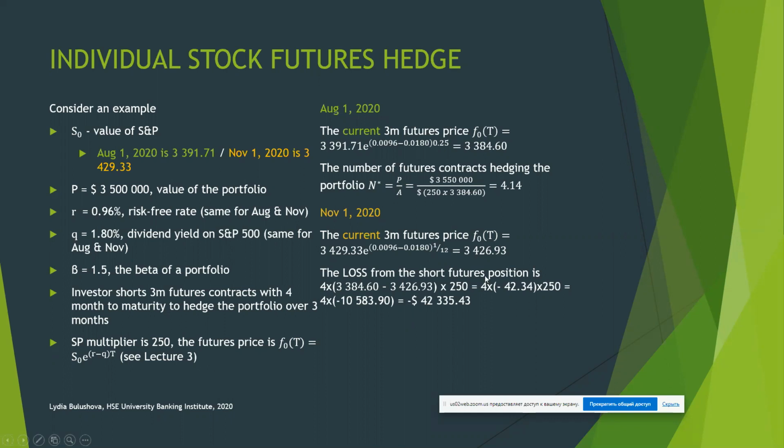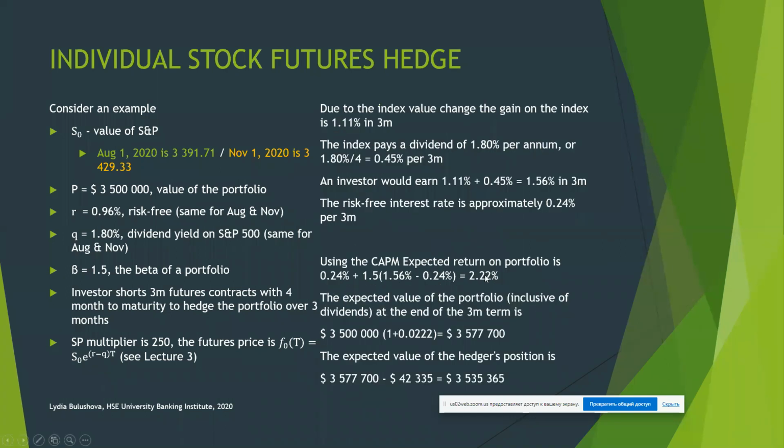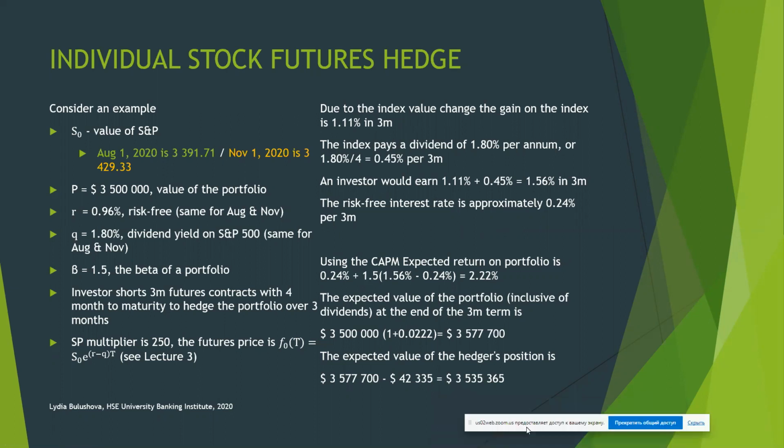Okay, then we had a position in the index, and our position in the index generates value. So look, this is the explanation that we have a return. That's a dividend yield.